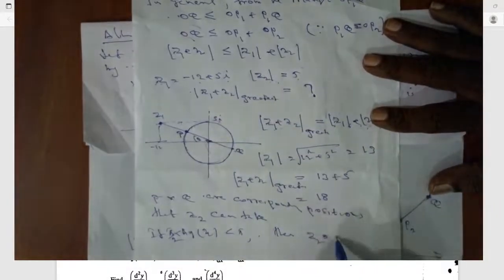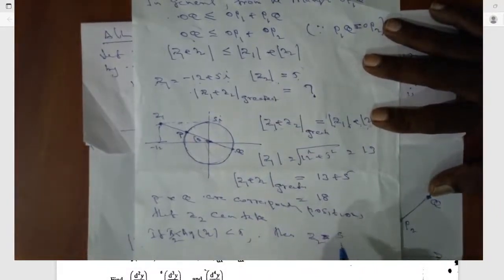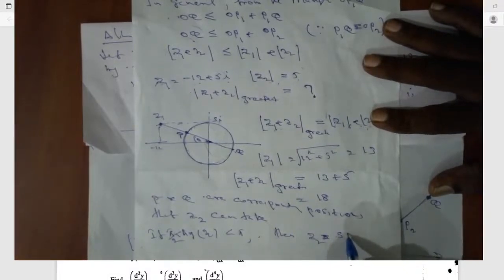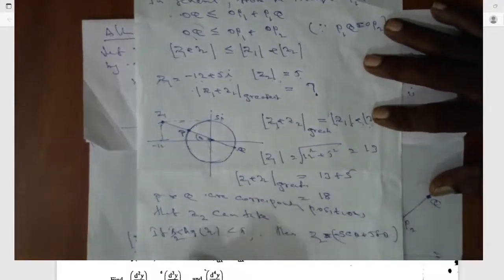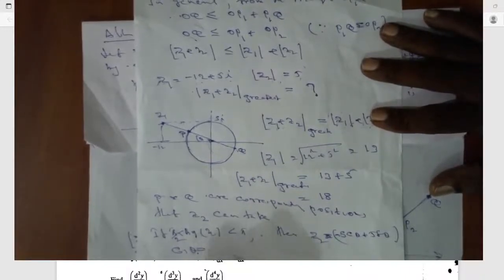C2 equals 5 times minus cos theta plus i sin theta. What is theta? Cos theta equals 12/13. Sin theta equals 5/13.